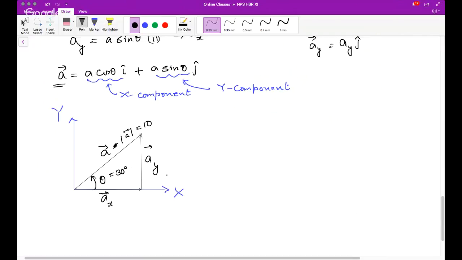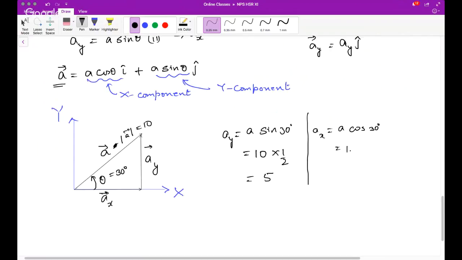So how do we resolve A, and what will be ay now? So ay is clearly A sine 30. We did the calculations above, and ax is how much? A cos of 30 degrees, isn't it? Now, hence it will be A into sine 30, which is half, so it is 5, and here it is 10 into cos 30, which is root 3 upon 2, so it is 5 root 3.